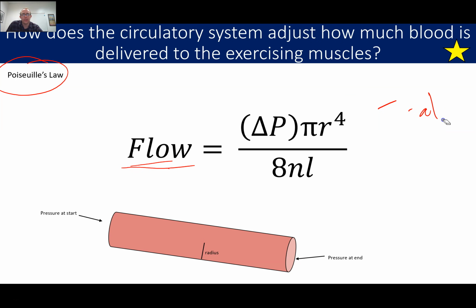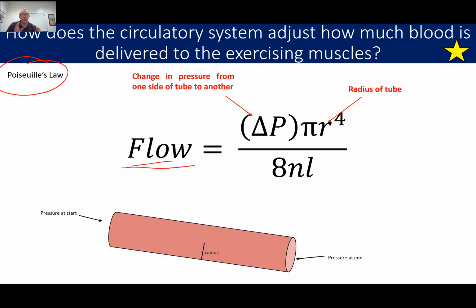If you're just wanting to look at flow through the aorta, then the aorta would just be the radius of the single aorta, right? Okay, so again, the delta P is the change in pressure from one side to the other. R to the fourth power, or radius of the tube, and that can be, if you're looking at an individual tube, just one little radius of an individual tube.